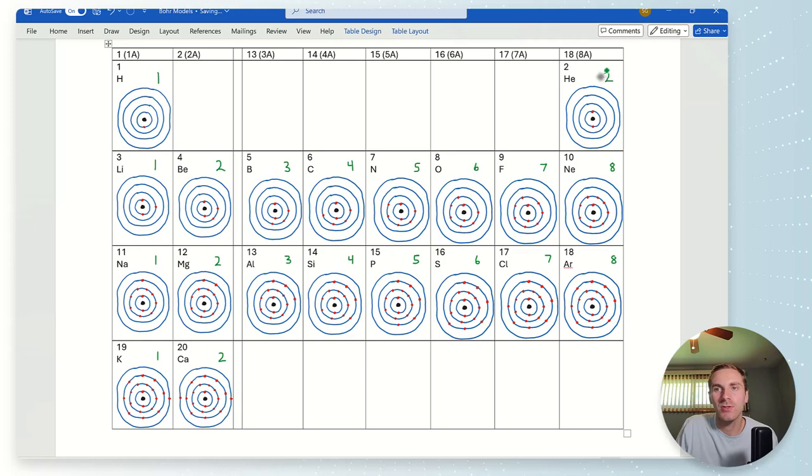Helium only has 2, so helium looks to be a bit of an exception. I'll explain that a little bit more in a second. But for now, it seems like all the elements in a certain column have the same number of valence electrons for the most part, and it increases each time we go 1 column to the right.